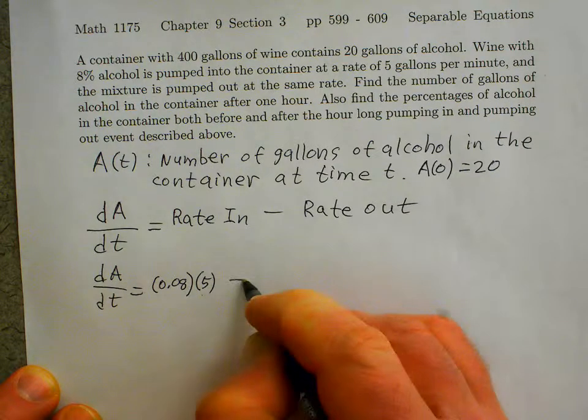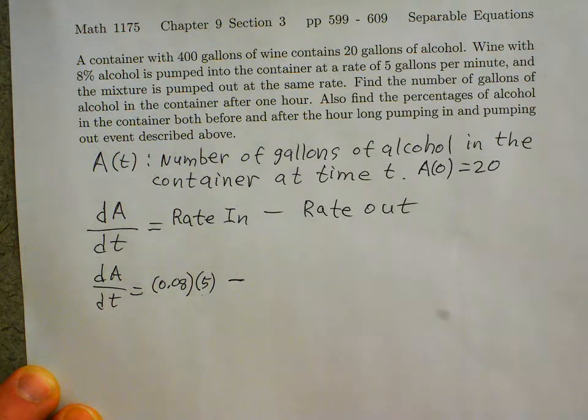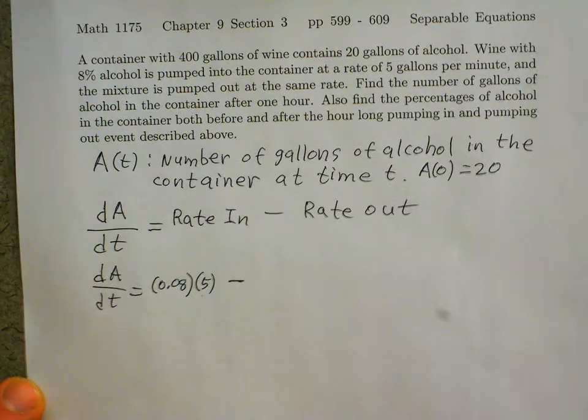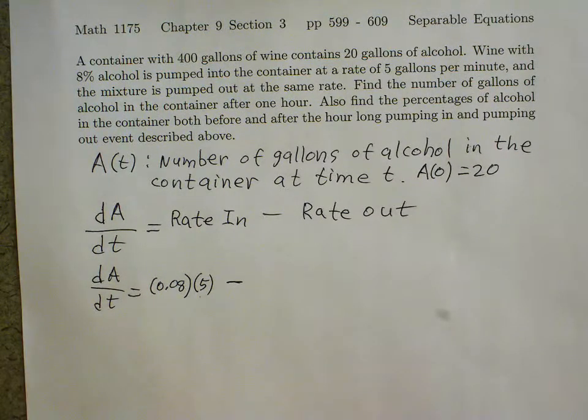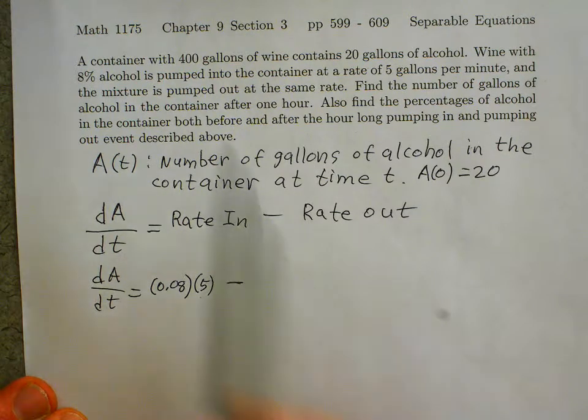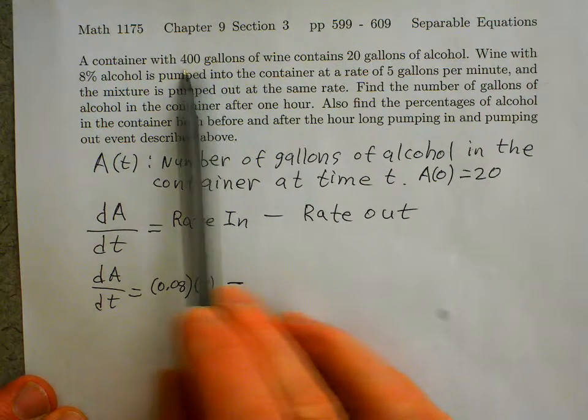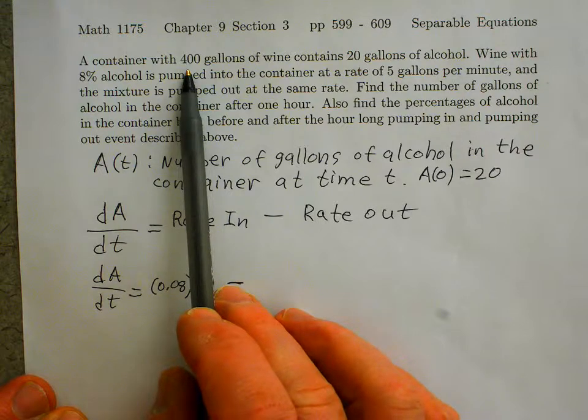But then the thoroughly mixed wine is being pumped out at 5 gallons per minute. So what percent of the 5 gallons being pumped out is pure alcohol? Well, the total number of gallons of wine in the container is 400 gallons.